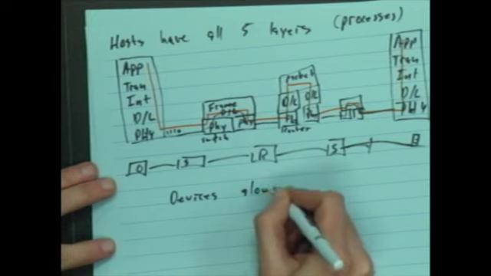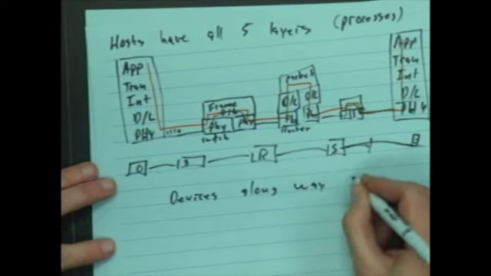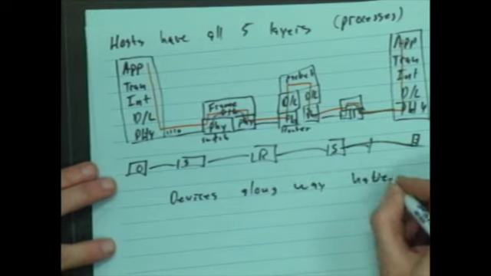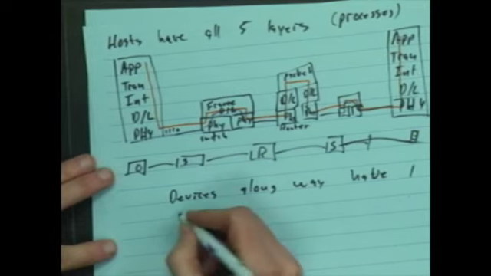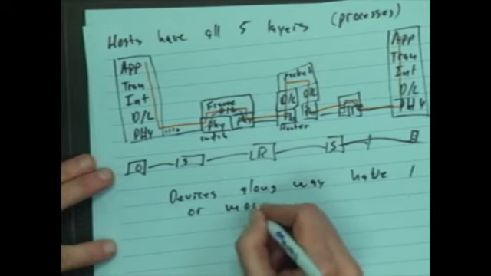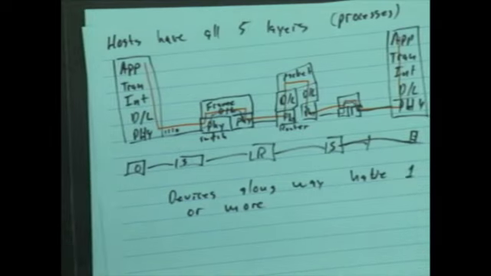Devices along the way have at least one. We'll just put one or more. So devices along the way have one or more.